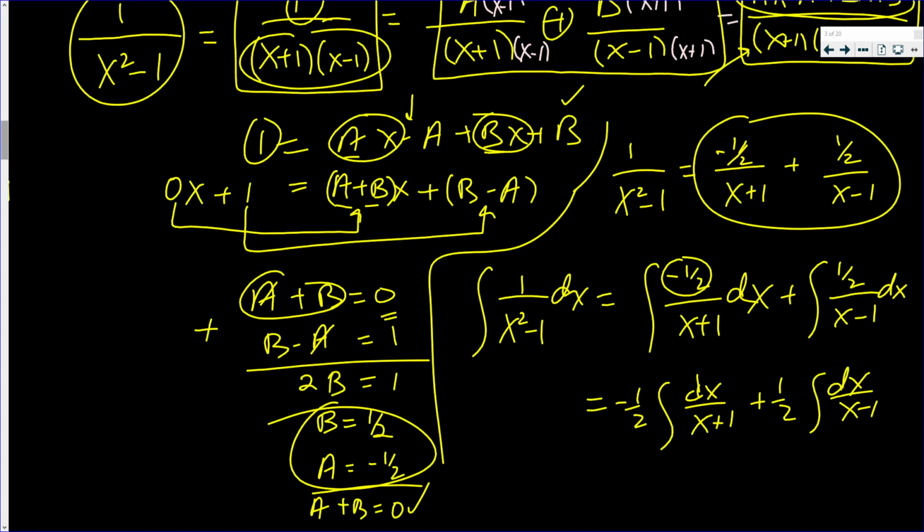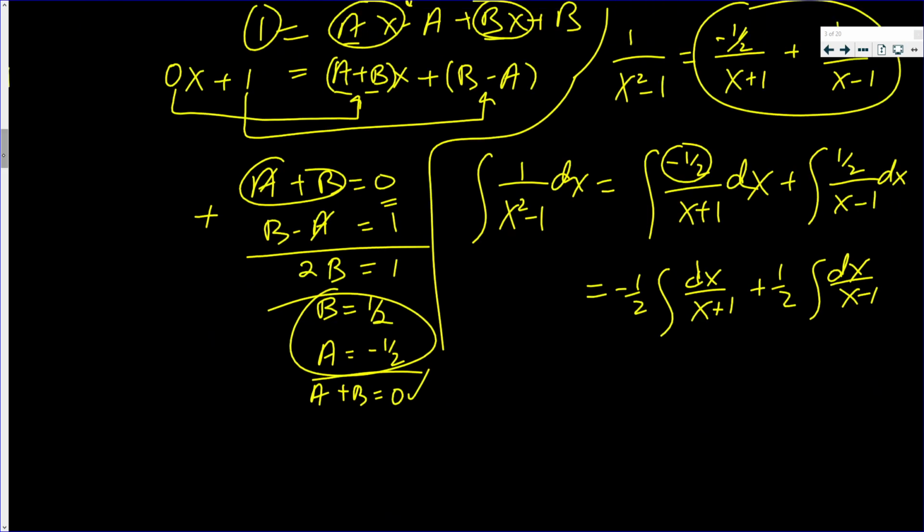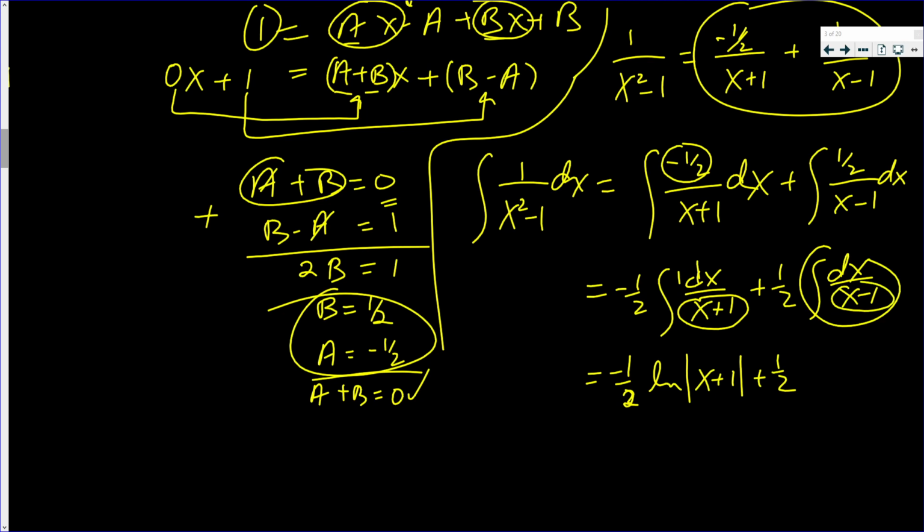Now, when the denominators are linear, it's pretty friendly because if I call that u, then dx is du. That is, I have du over u. The integral part is just ln of x plus 1, plus a half, and this integral, well, if I call that u, du's right on top. That's just ln of x minus 1.